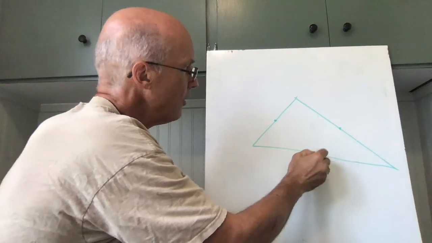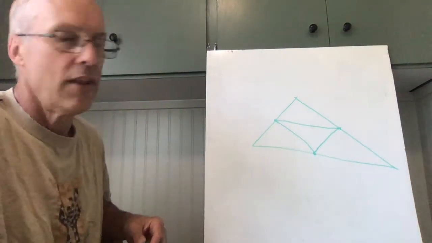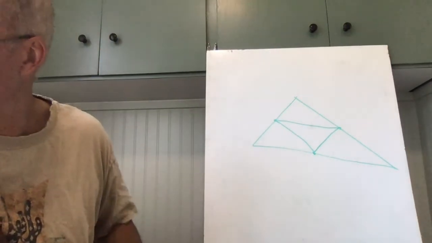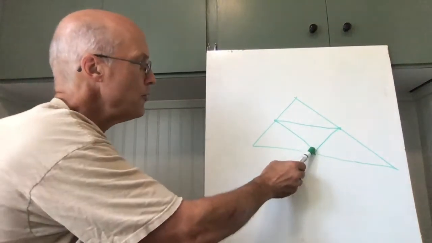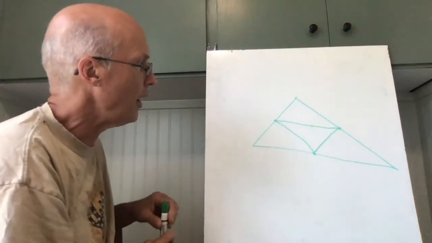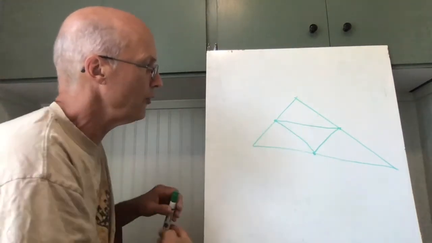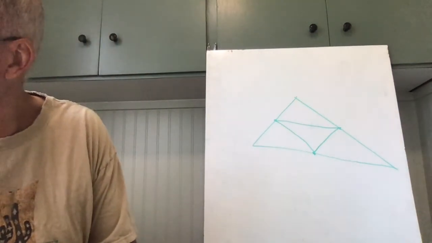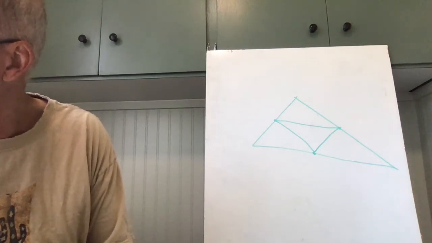And if we connected those mid-segments, it's theorem 7.7, and the theorem says a mid-segment of a triangle is parallel to one side of the triangle, and its length is 1/2 of the length of that side.